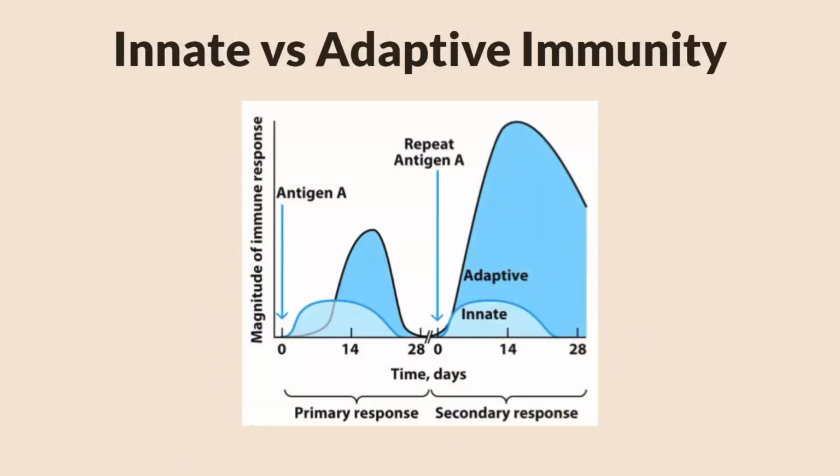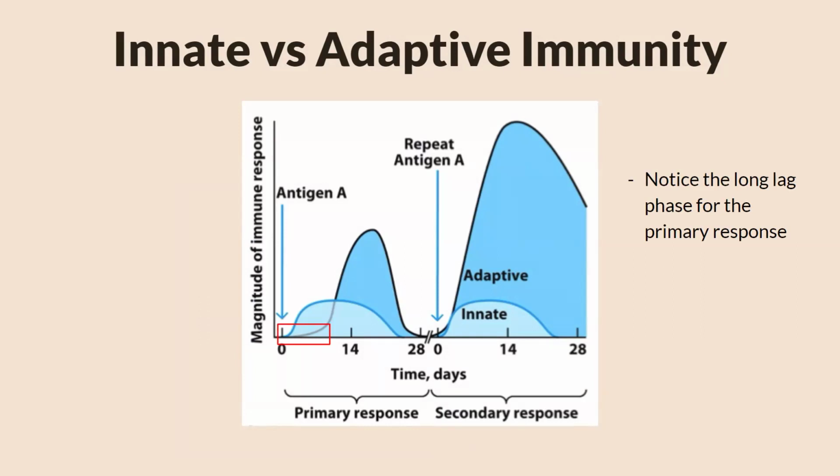So, innate versus adaptive immunity. This is a chart we were looking at last time also. Upon the primary infection, you'll have a little lag phase in your adaptive immunity, while your innate immunity is almost instantaneous.